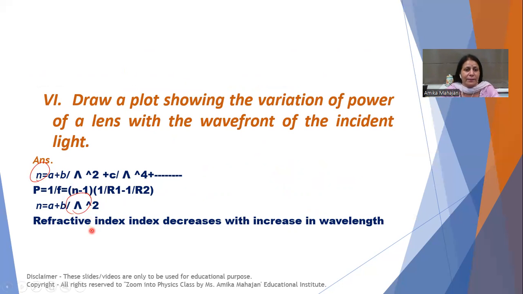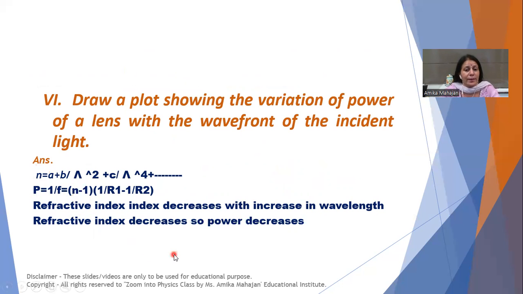More the wavelength, lesser is the refractive index. And if this refractive index is less, this term from which minus 1 is being done is less, then this power will also decrease. So power is also related to wavelength because n is proportional to 1 by lambda square and power is directly proportional to n minus 1.